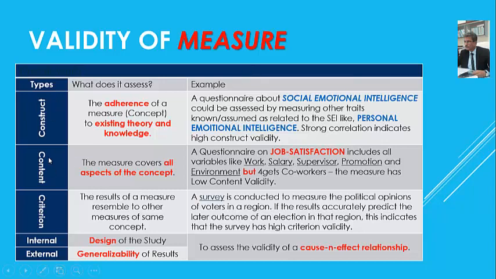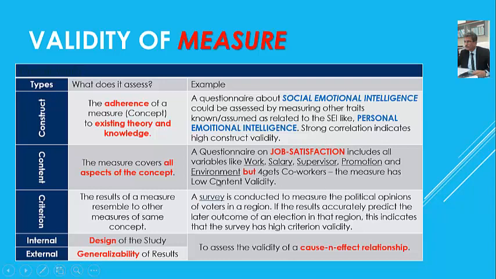The next is content validity. It is very simple and it refers to whether the concept or the question is covering all the aspects of that particular concept or not. For example, a questionnaire on job satisfaction includes all variables like work, salary, supervisor, promotion, and environment, but forgets co-workers.